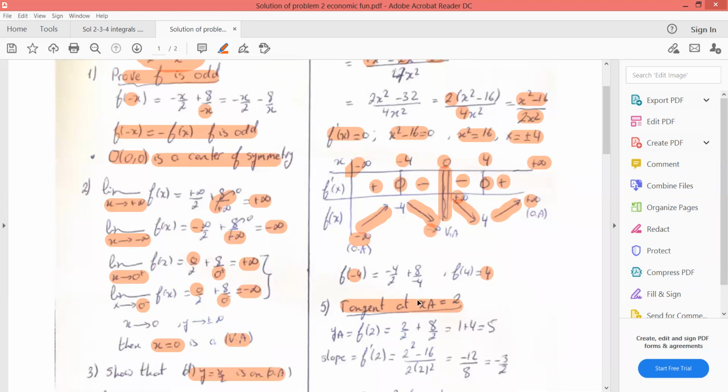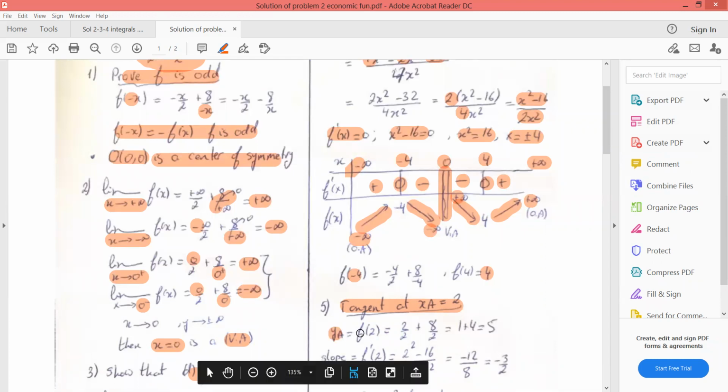Here xa is 2. To calculate ya, I replace x by 2 in the function, f of 2 gives 5.